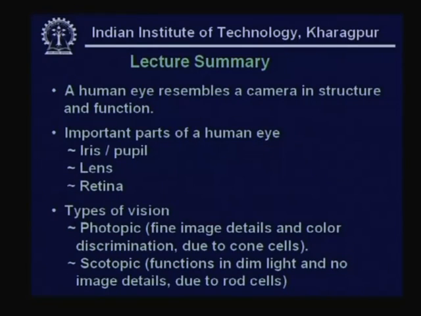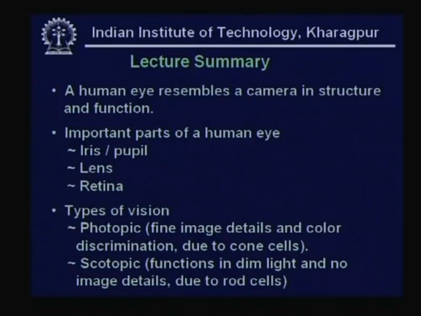Most of the tasks we do today involve some form of reading or writing, and therefore they fall under the category of fine image details, which means we need to have good cone vision. And recall that the most important point of the retina responsible for photopic vision is the central point where the sensitivity is maximum, the fovea.